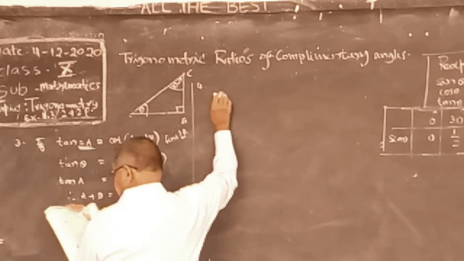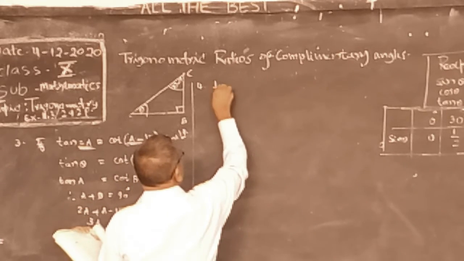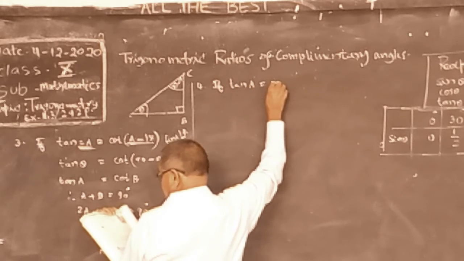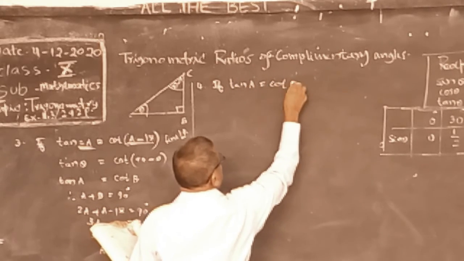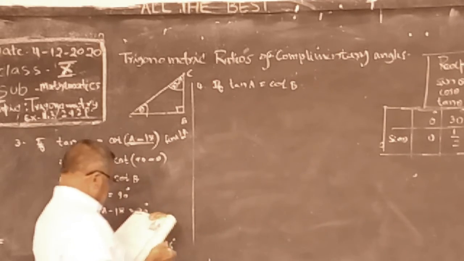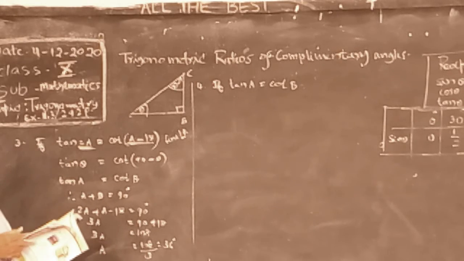Fourth question, if tan A is equal to cot B, then A plus B is equal to 90. Complementary angles.